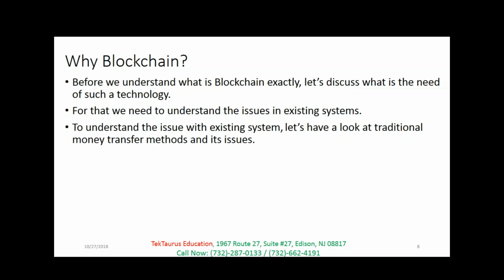We will discuss later what Bitcoin is, but Bitcoin is basically a cryptocurrency that runs on a blockchain network only. So Bitcoin is the first application in the market that uses blockchain technology. So why was Bitcoin invented? What is the basic reason?